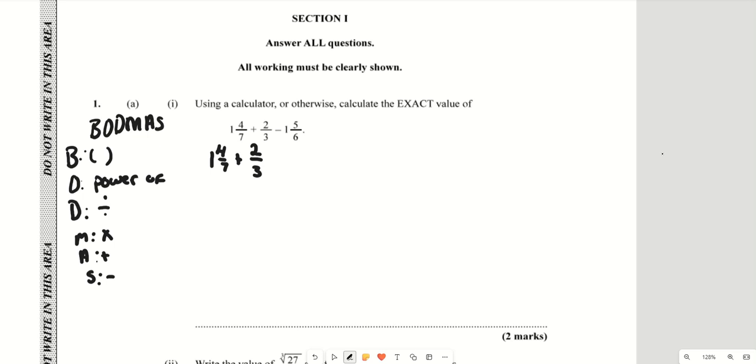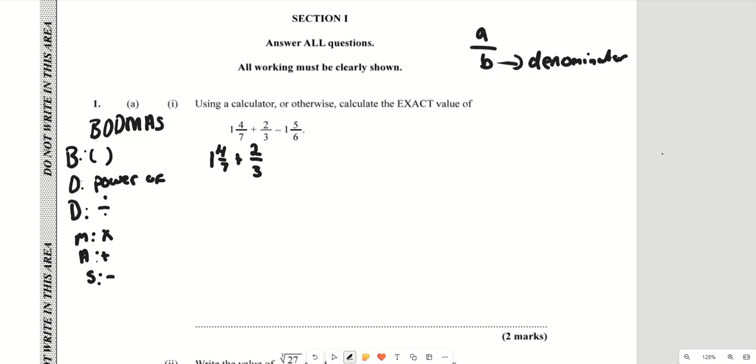If I have A over B, this number here is your denominator. When your denominators are different, for addition as well as subtraction, you need to find the LCM, which is the lowest common multiple.